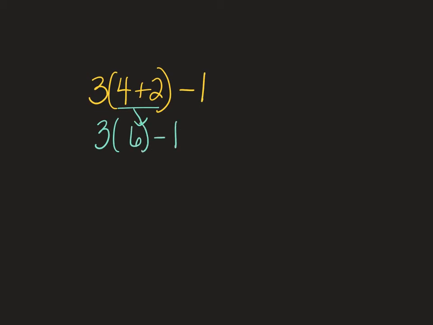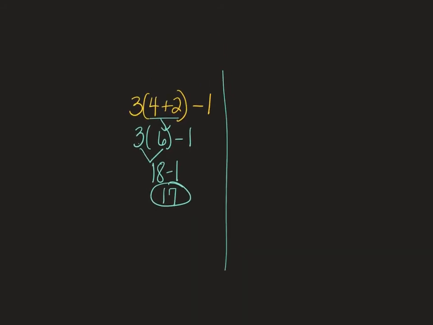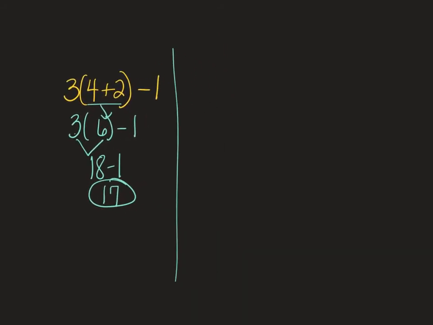Am I going to multiply first, or am I going to subtract? I am going to multiply. So 3 times 6 is 18. I'm finished writing my problem. 18 minus 1 is 17. Okay? Questions there? We'll move on. If you have questions, please always feel free to let me know. I'll be happy to help you, okay?